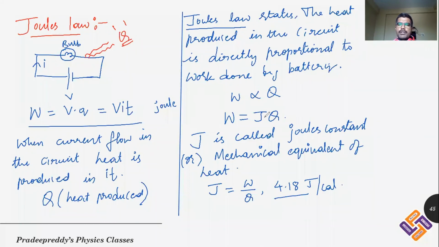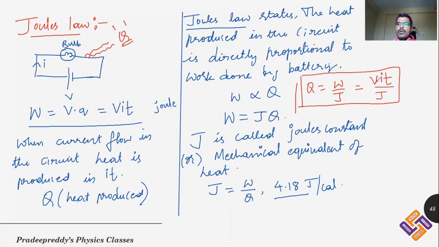Therefore, W is equal to JQ, or you can write it as Q is equal to W by J, where W is equal to VIT, so Q is VIT divided by J. V is voltage, I is current, T is time taken, and J is Joule's constant. This is the way you can find out how much heat is produced in the circuit by the definition of Joule's law.